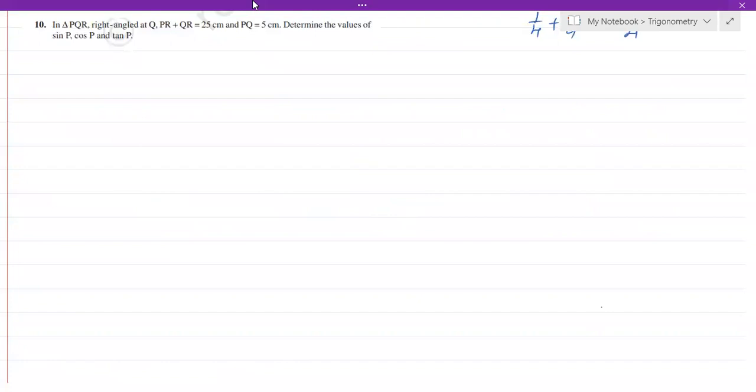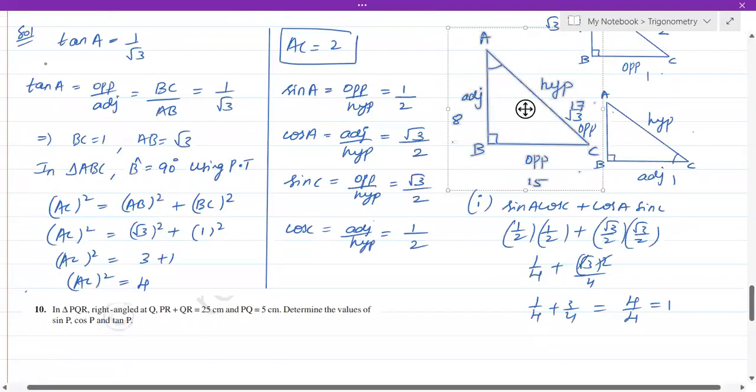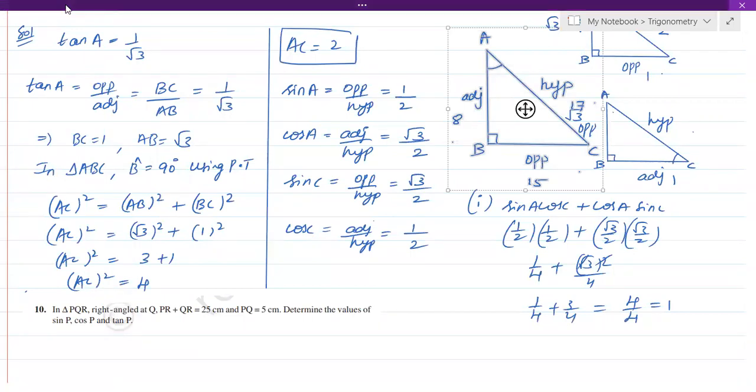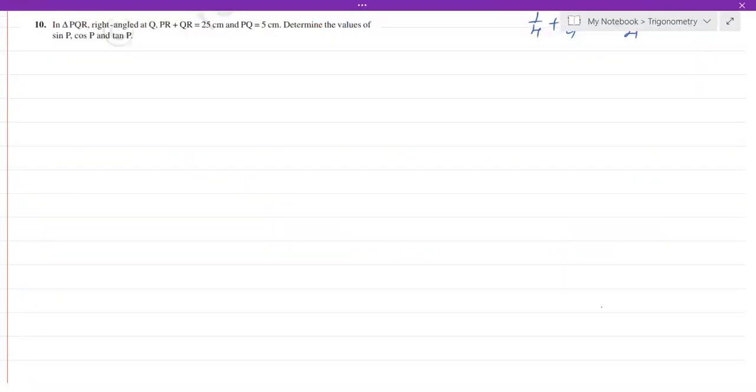So let's take a right angle triangle. Okay, it's a triangle PQR, so let's change the name to PQR.